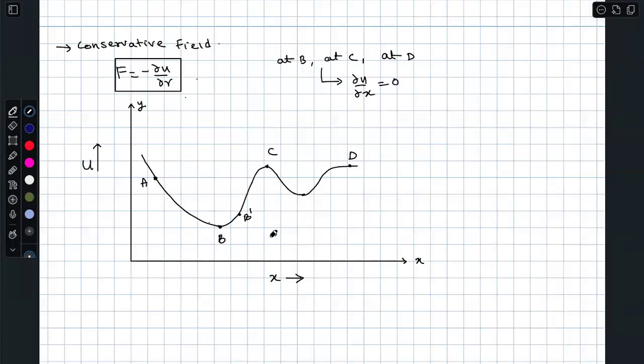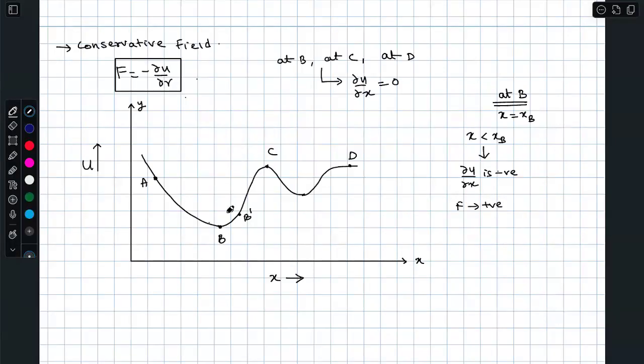But please try to understand what is happening at B. At B, say x is equal to xb. For x less than xb, dou U by dou X is negative, so force is positive.